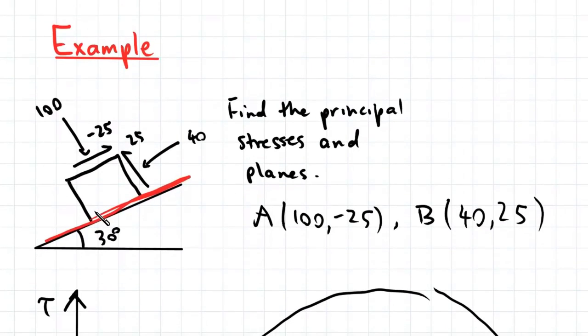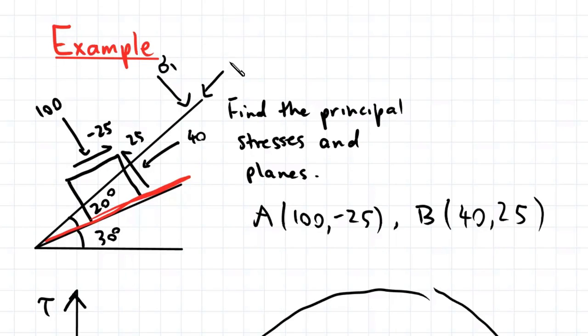So if we go back to our original example, the principal plane is basically found by rotating anti-clockwise by another 20 degrees, like so. So you'd have sigma 1 acting like that, and sigma 3 acting that way.